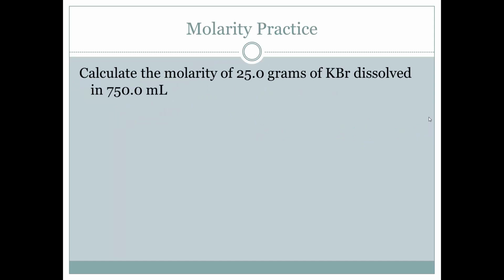So what if they give you grams to start with? Because you can't go to a scale and weigh out moles. You have to weigh out grams and then convert it to moles. Well, because of the grams, we know we need molar mass, which means we need to look on the periodic table and add up those numbers.